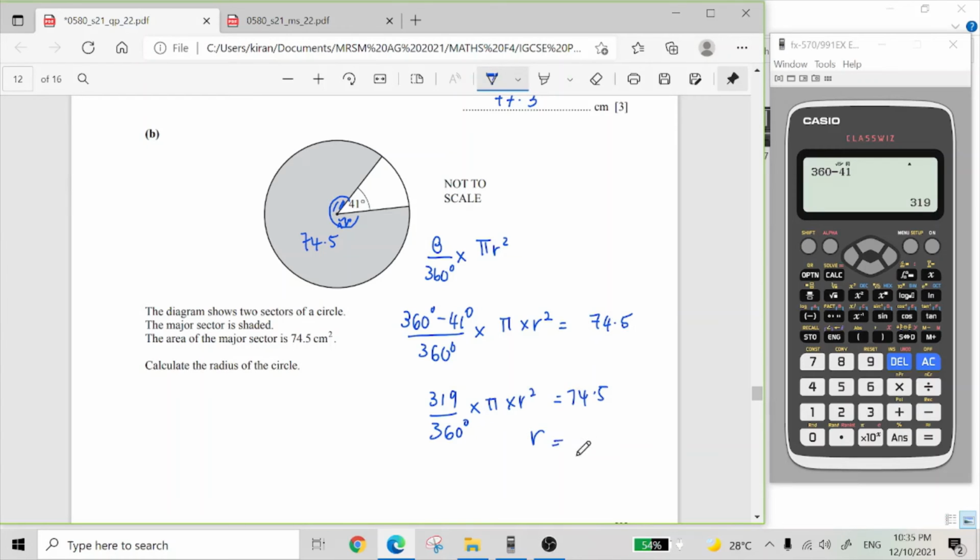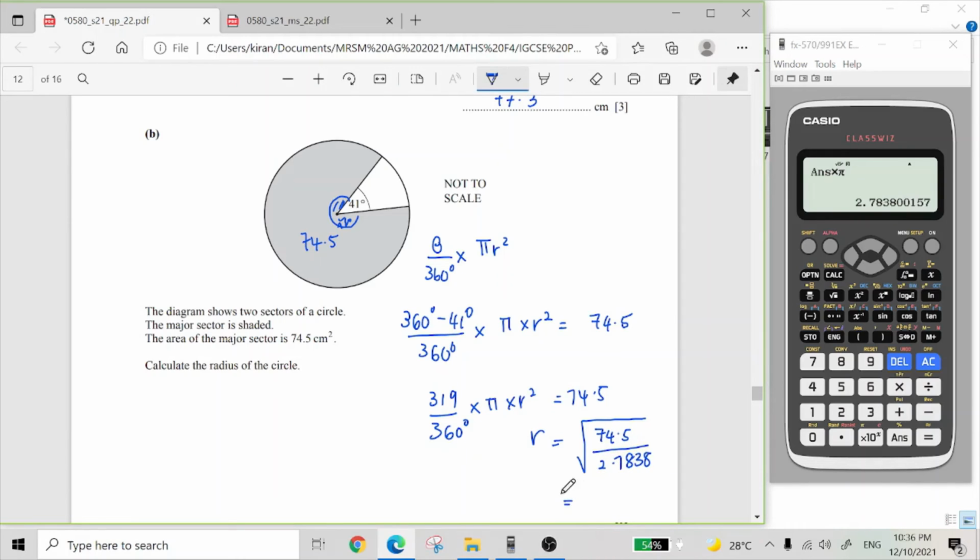So r here will be square root of 74.5 over, you take this part, and then times pi, divide with 360, which is over 360, times pi. We take from calculator. So that is 2.7838.